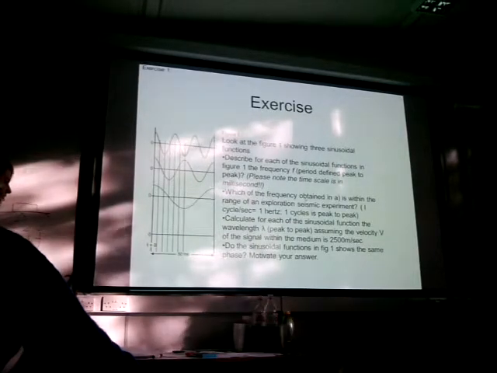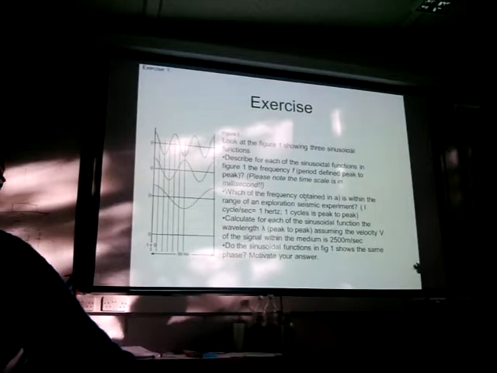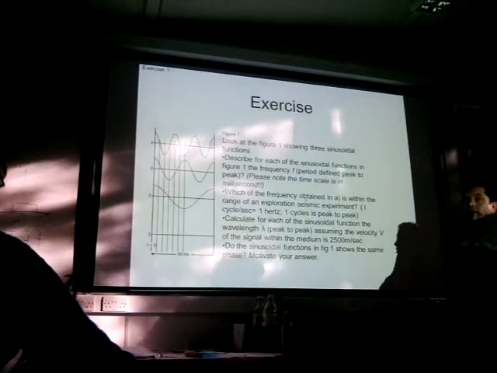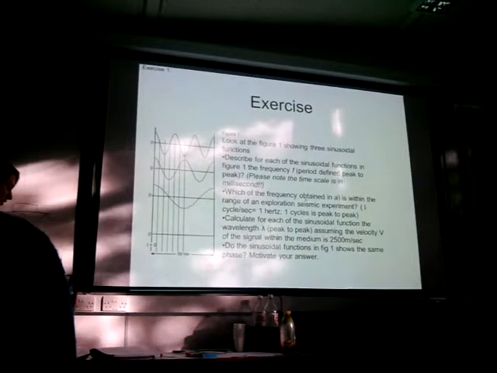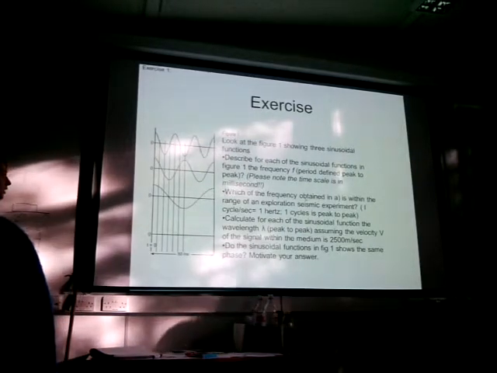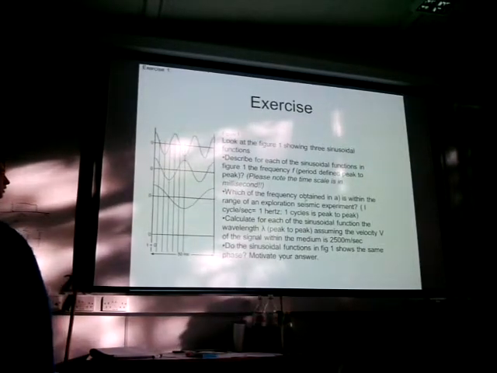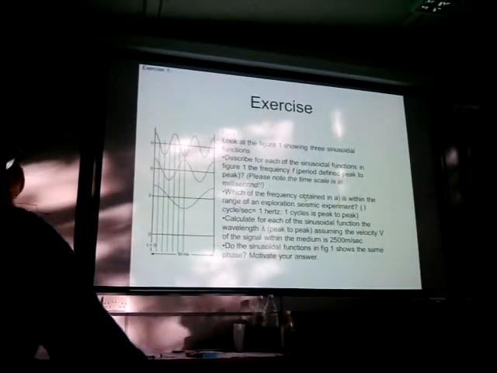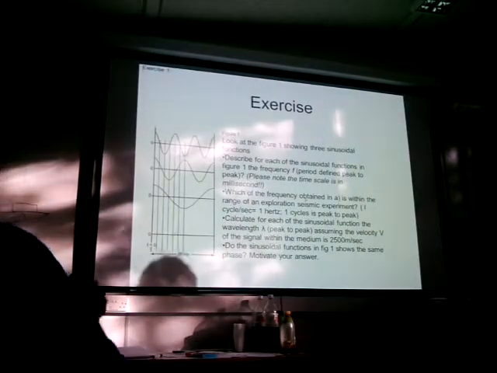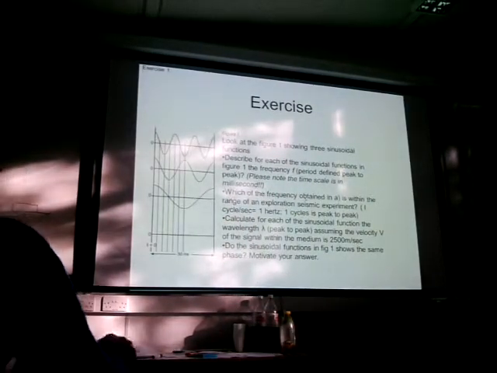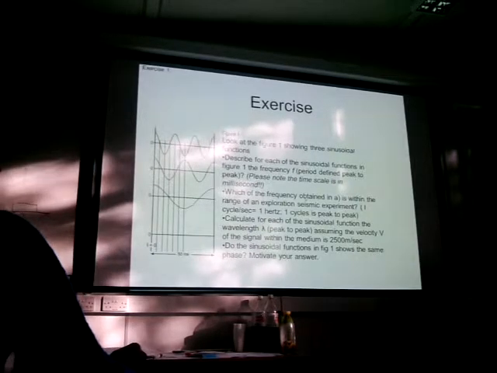All of them are within the range of seismic exploration. Remember in the previous slide, I told you that most seismics now run between 0 and 100 hertz, with most of the ground roll noise localized in the lower frequency, but most of them can be physically within the range of the seismic experiment.